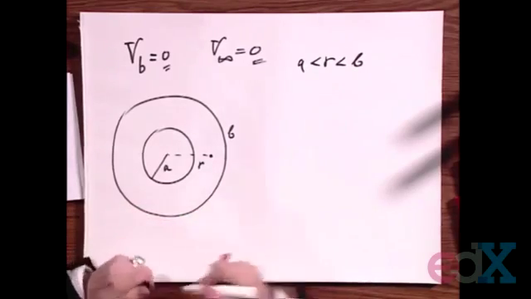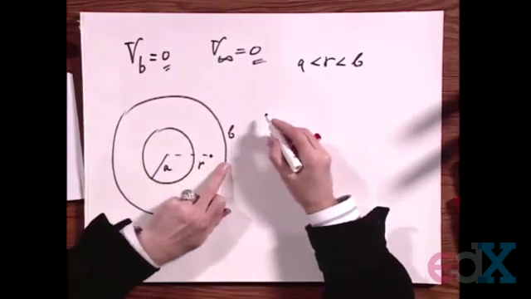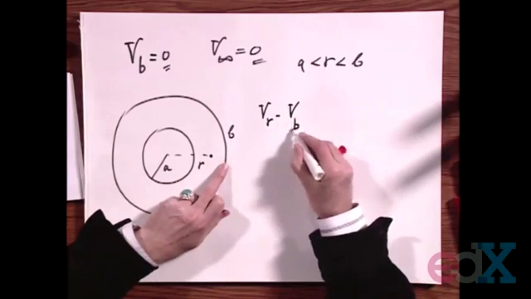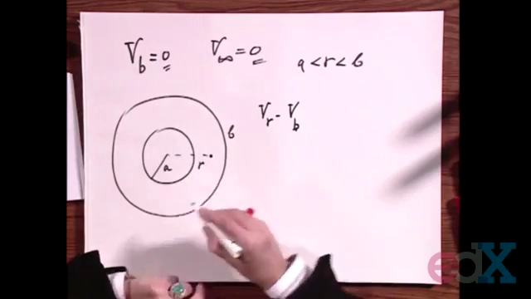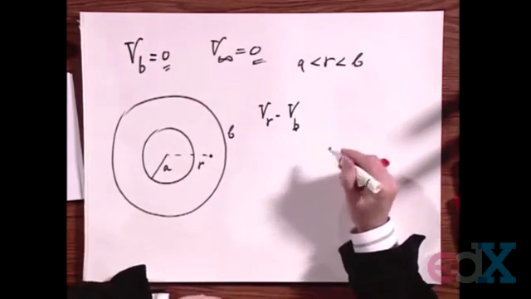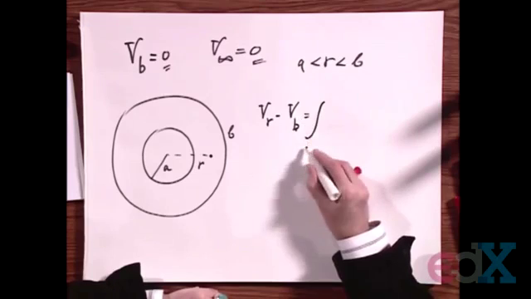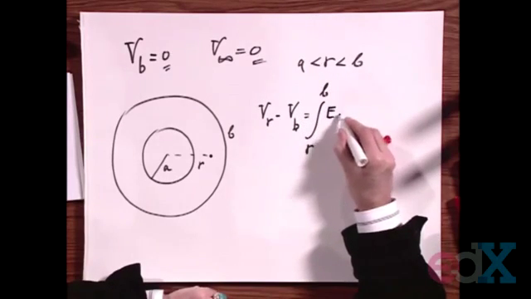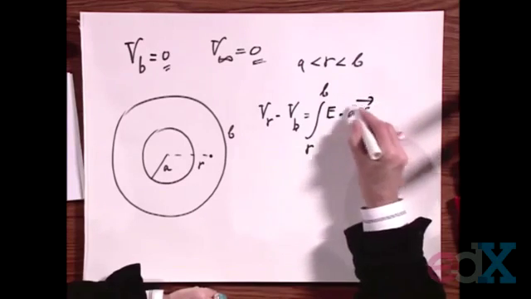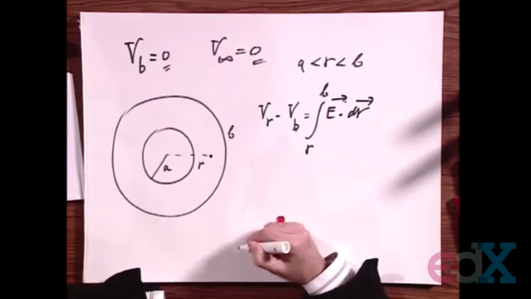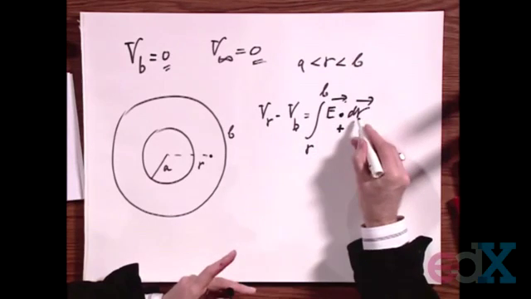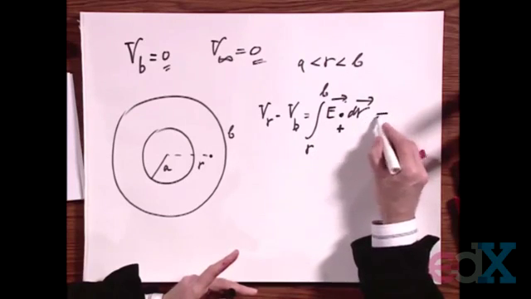Well, if I go from here to there, and I use my shorthand notation, Vr minus Vb, where b is any point on this cylinder, that equals the integral going from r to b of E dot dr. The dot becomes a plus 1 because the cosine of the angle between E and dr is plus 1, so I don't have to worry about that.